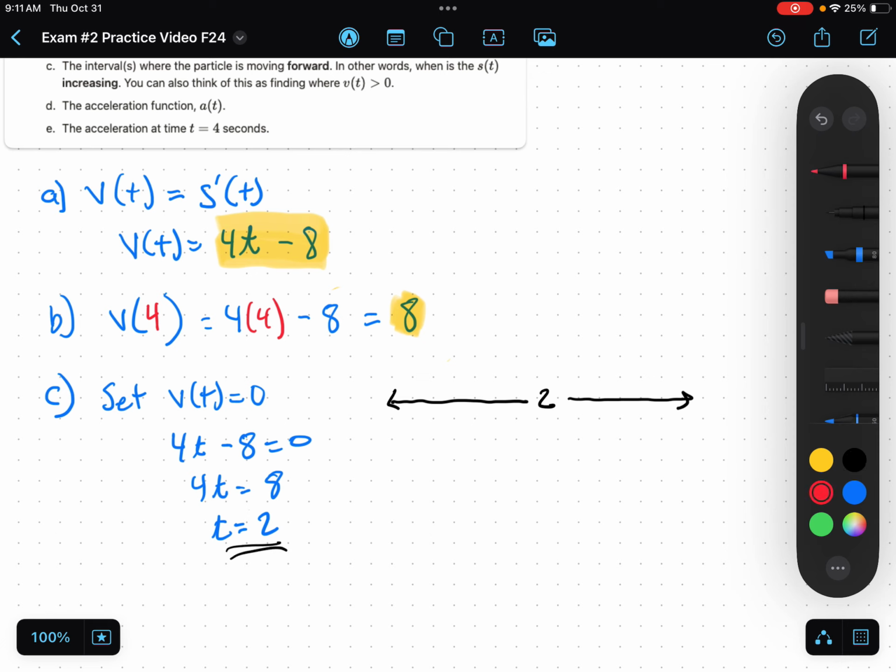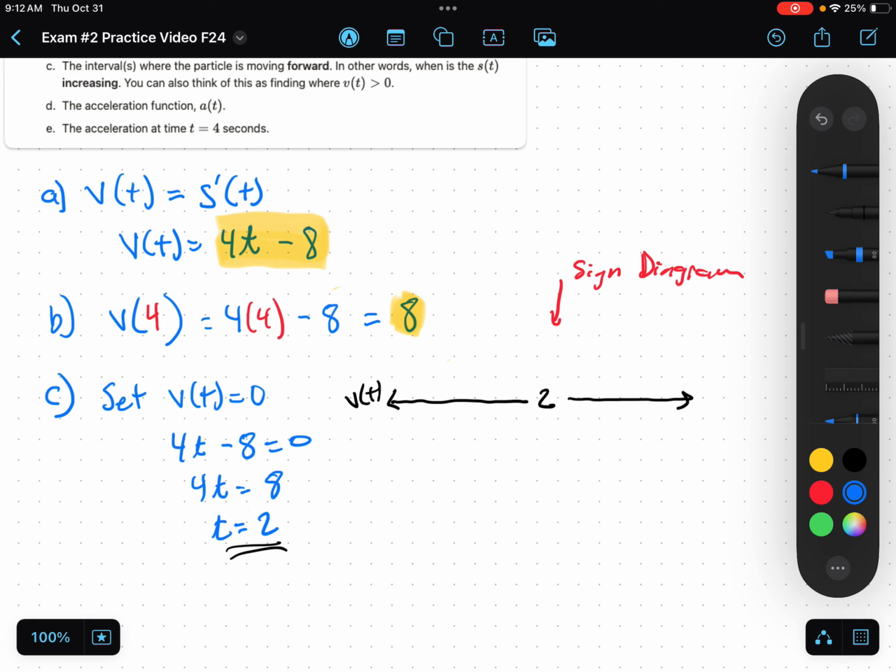So what we do is we set up a sign diagram. If you want to find out where a function is increasing or decreasing, you set up a sign diagram on its derivative. So I'm doing the sign diagram on v of t. And my zeros, like this 2 here, are sort of the dividers of my intervals.